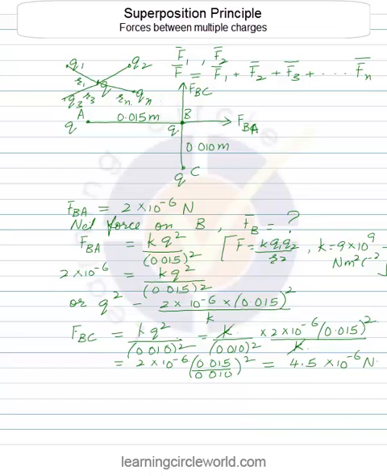So the two forces acting are FBC and FBA.